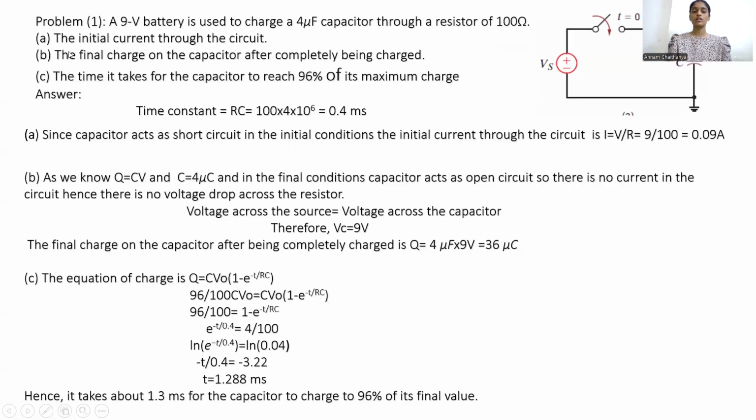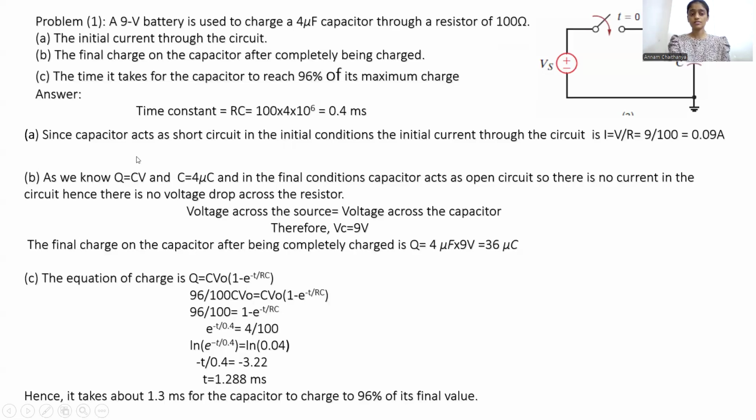So, the first question, the initial current through the circuit. Since the capacitor acts as a short circuit in the initial conditions, the initial current is I equals V by R. V is 9 and resistance is 100. So the initial current flowing through the circuit is 0.09 amperes. Next, the final charge on the capacitor after completely being charged.